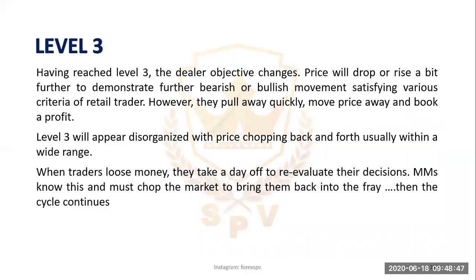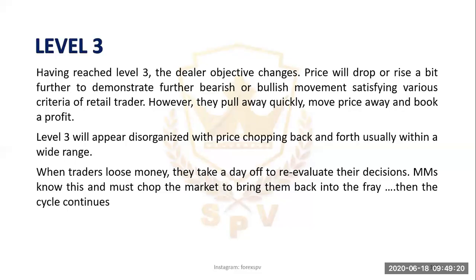So the dealer has to grab the liquidity needed for the market to have a swing reversal. So you'll see price dropping or rising a bit further to demonstrate further bullish, further bearish movement, which will satisfy various criteria for retailers. And there is where they enter their trades in the wrong direction. And eventually the market maker will pull away quickly, moving price away and booking a profit.